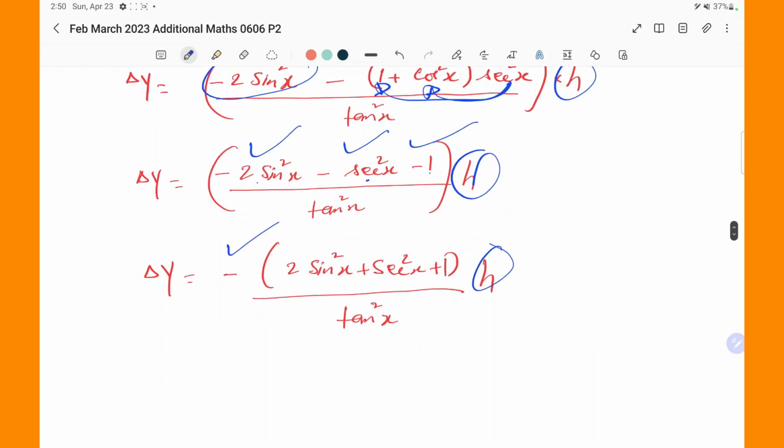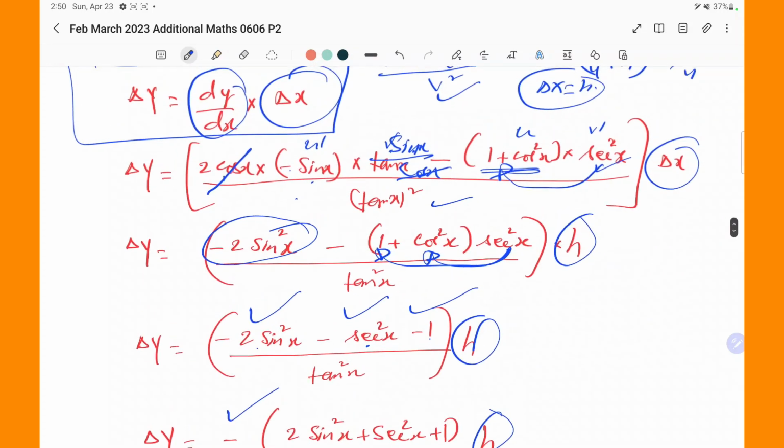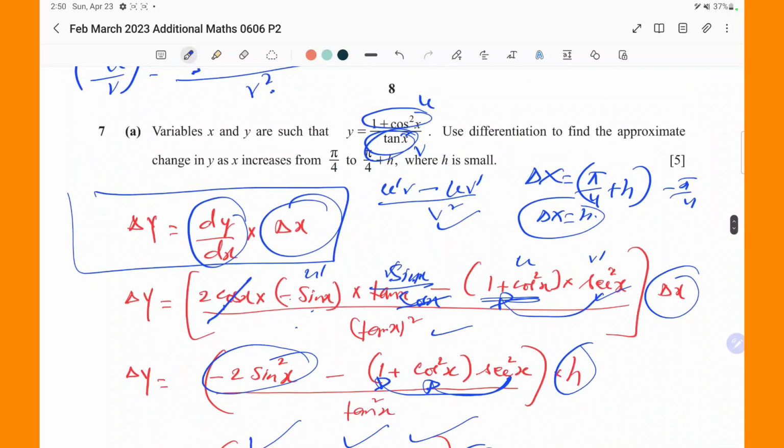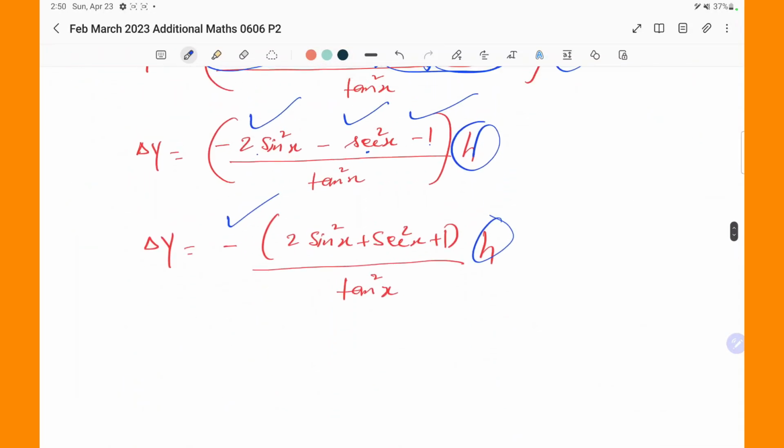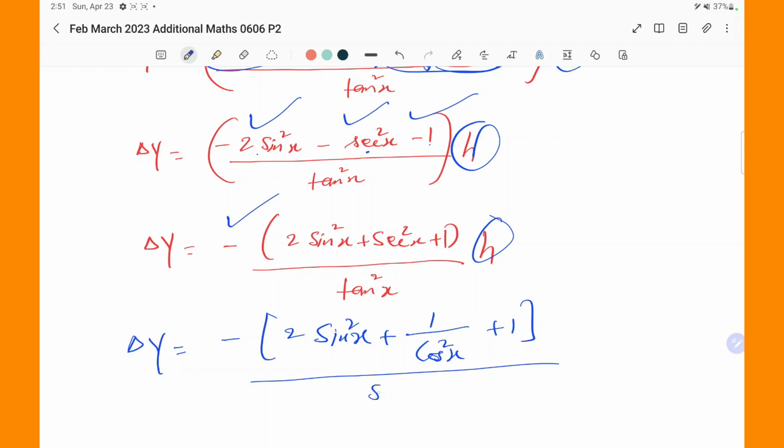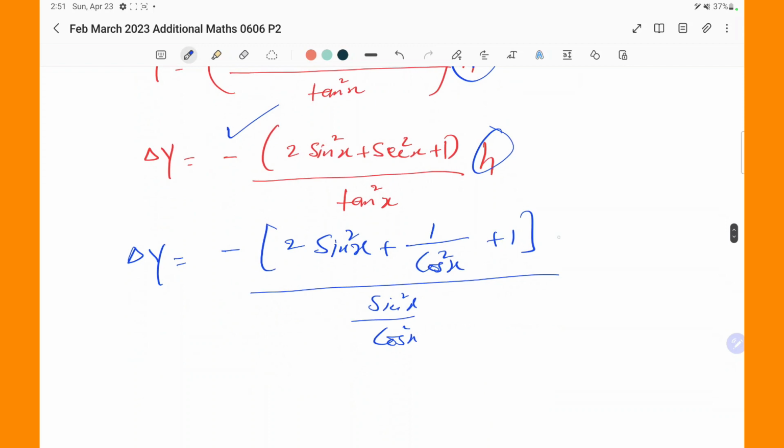Now if I solve further, I can, but I did not find the mark scheme of this paper, so I am not able to check up to what step we have to leave this. If you want to solve further, which we can: minus outside, this is 2 sin square x, and sec square is 1 over cos square x, and this is 1, and tan square x is sin square x over cos square, and again outside is h.